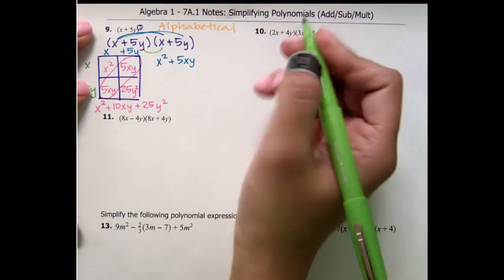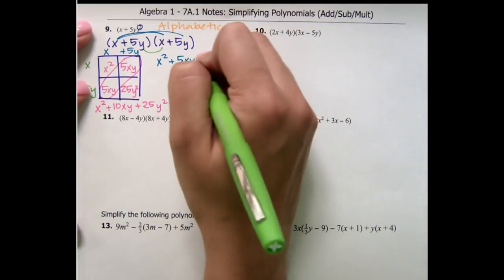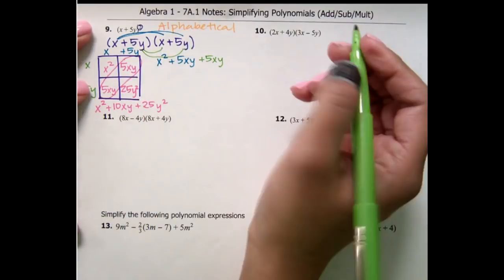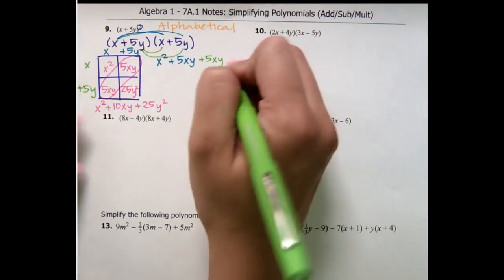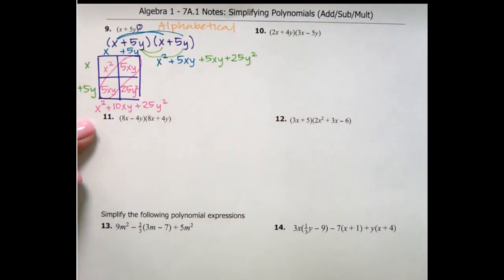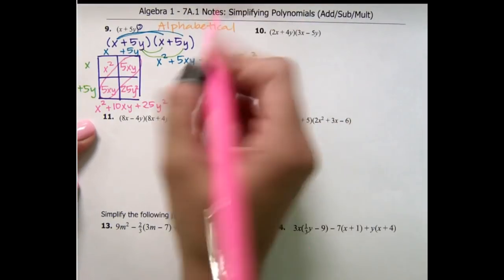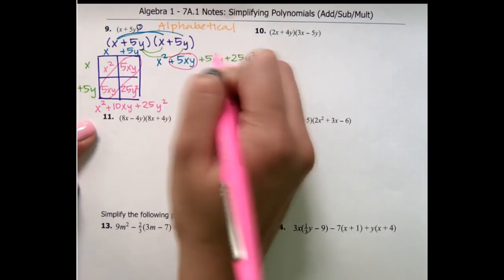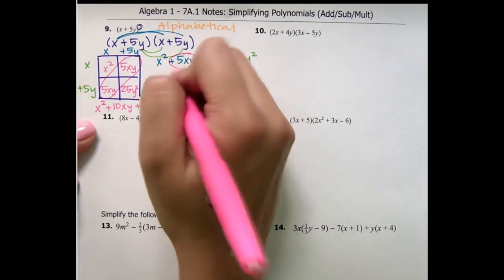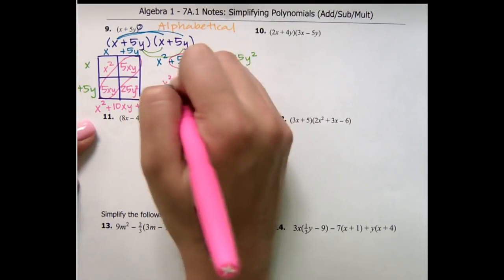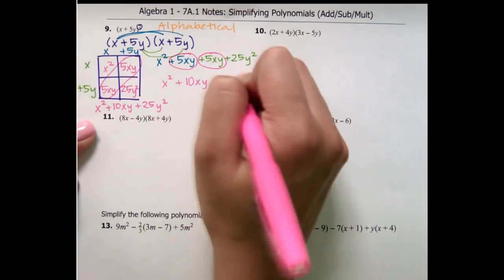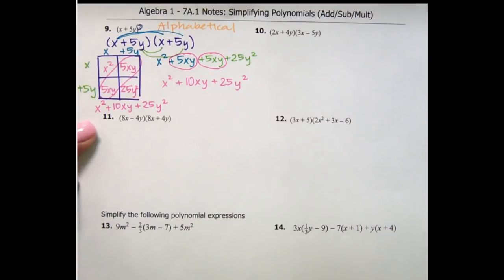The double part, 5y times x plus 5xy, 5y times 5y is a positive 25y squared. Combine like terms. Remember, the variables have to be exactly the same to be able to combine them. X squared plus 10xy plus 25y squared.